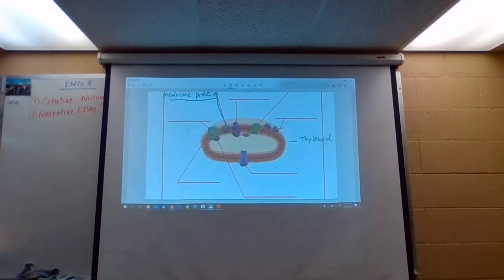And what you'll notice is that this red line starts here on the left and travels through all these membrane proteins, and it comes out into the stroma.